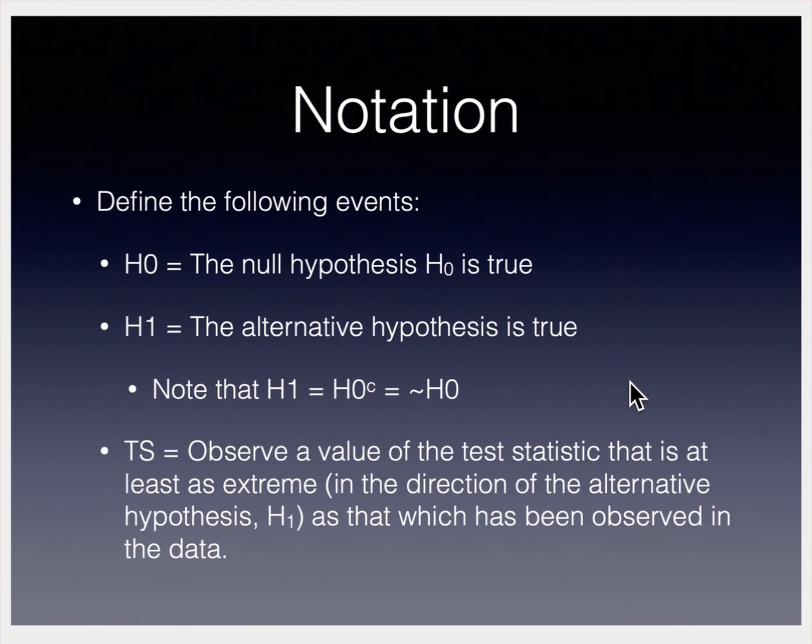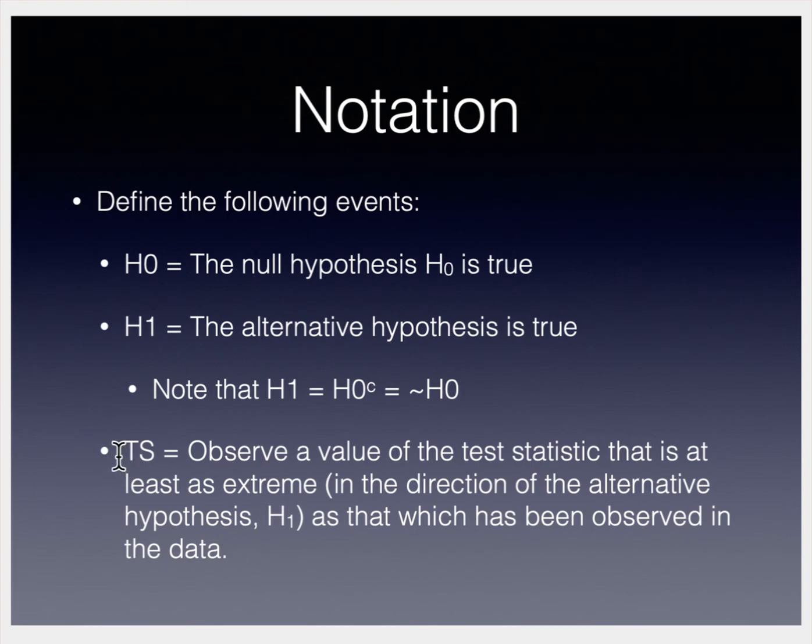To do this, I'm defining the following notation and the following events. I'm going to let H denote the event that the null hypothesis is true. And I'll use the notation H1 to denote the event that the alternative hypothesis is true.